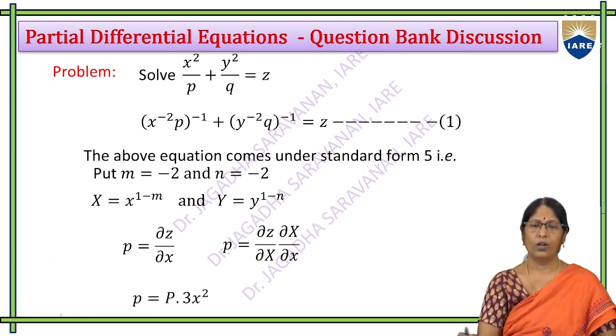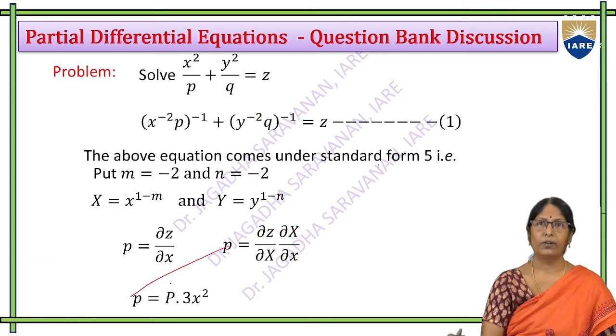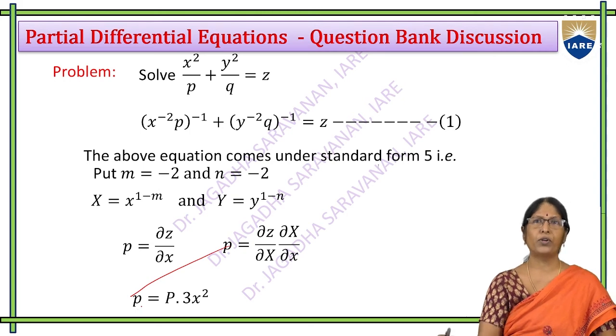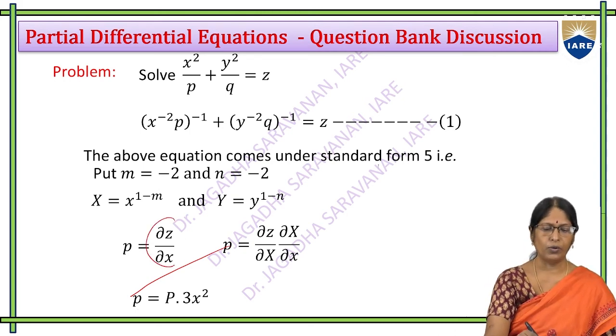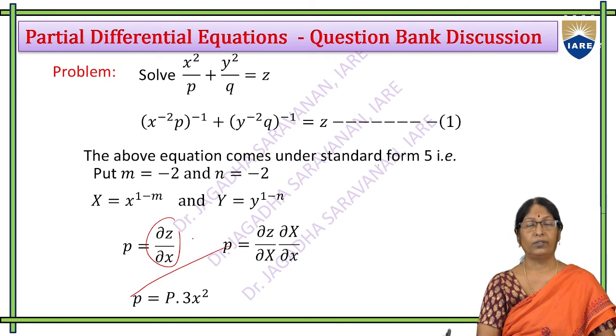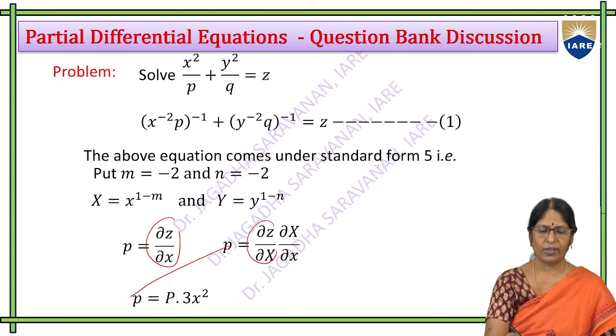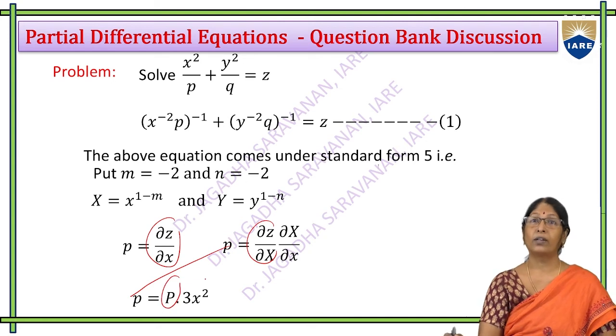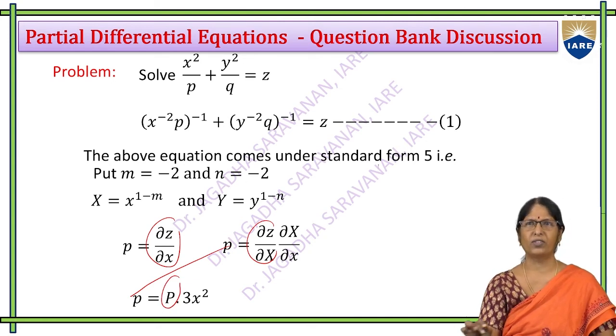So now we are doing this P. The small p notation is dou z by dou x, both z and x in lower case. But for the capital P notation, this is not related to any mathematical method teaching, just a technique to remember, that's it.